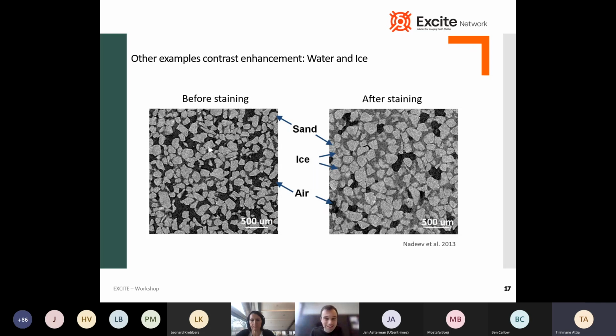What they see is that before staining, it was very hard with the setup to distinguish both phases. You can see the sand grains here, but in between you don't see any difference between the ice and the air. However, after you stain the ice, it becomes much more visible and it will be much easier to do any kind of analysis on the data.